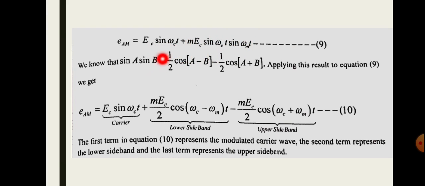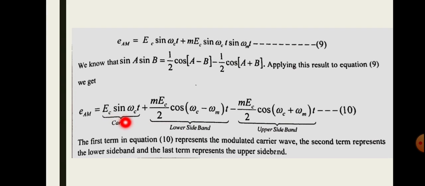So we can write this equation as EC sin ωct plus m EC, which is a constant term, comes there. Instead of sin ωct into sin ωmt, we substitute this relationship. So there will come a 1 by 2, and instead of this term cos(A minus B) comes, that means cos of (ωc minus ωm)t comes, minus m EC by 2 into cos of (ωc plus ωm)t.